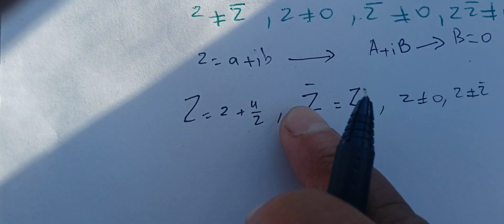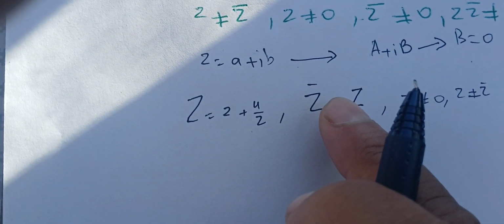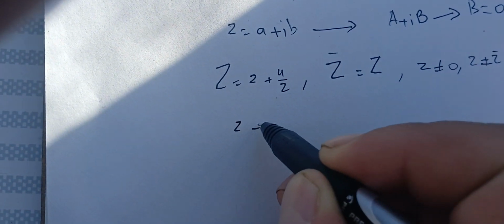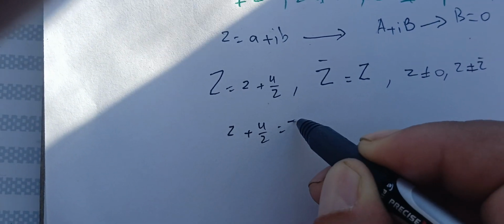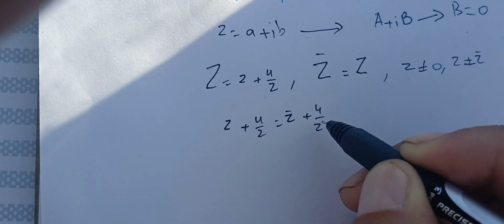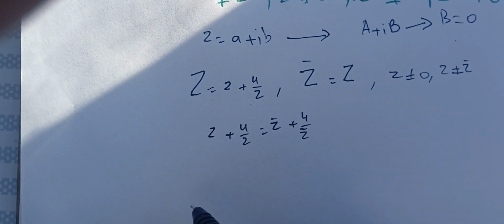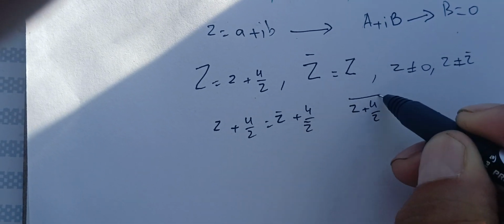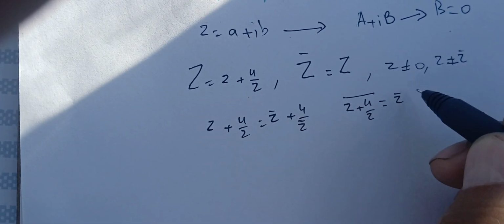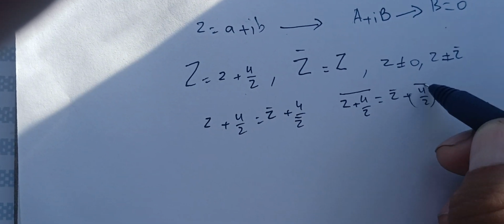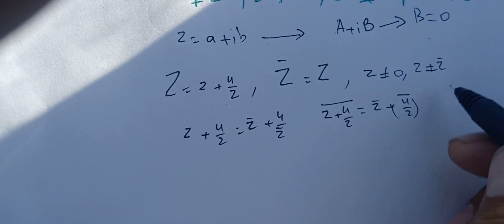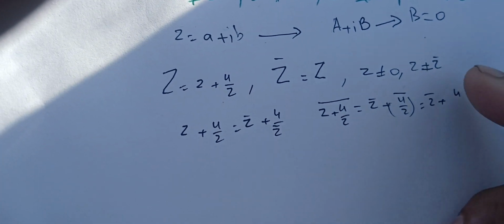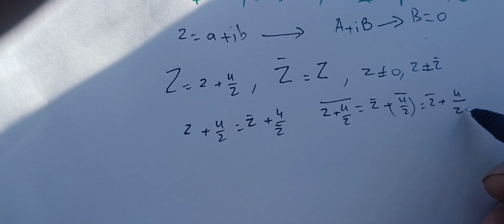Now Z equals Z bar means what? It means the small z plus 4 over z is z bar plus 4 over z bar. I have used the fact that the conjugate of 4 over z is 4, the conjugate of 4 being just itself, over z bar.